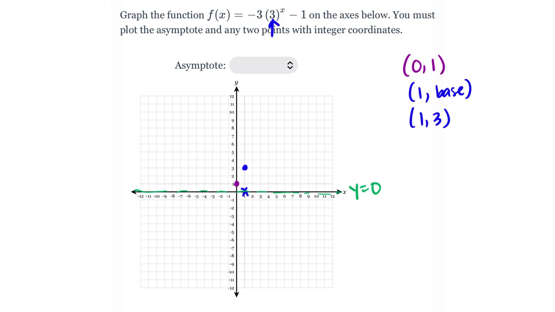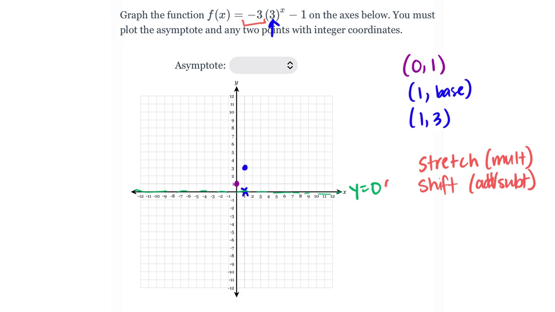Now you always want to do your stretch next because a stretch is a multiplier. And then you want to do your shifts last, which is an addition or subtraction. So in this case, our stretch is -3. So we're going to multiply each y value by -3.